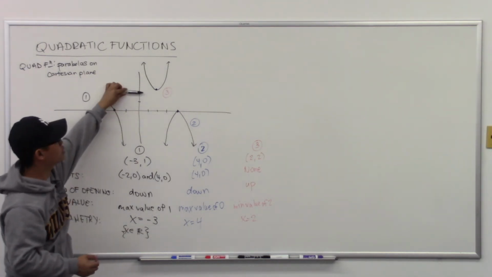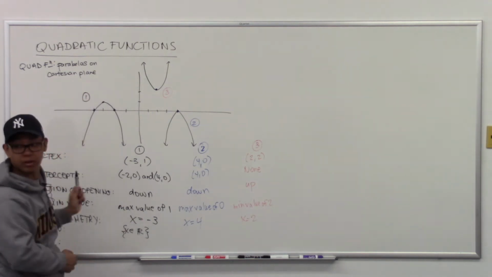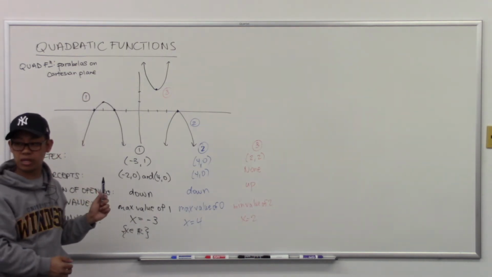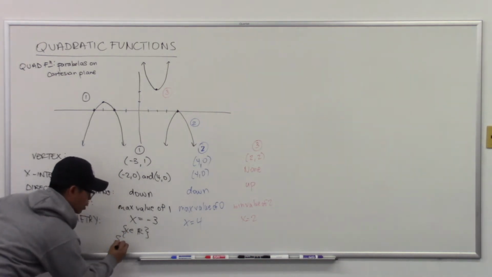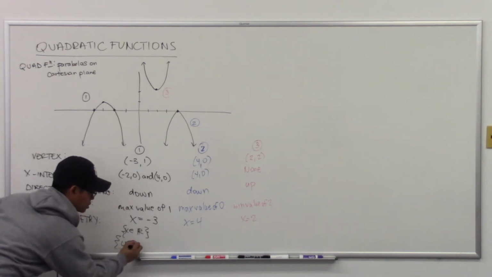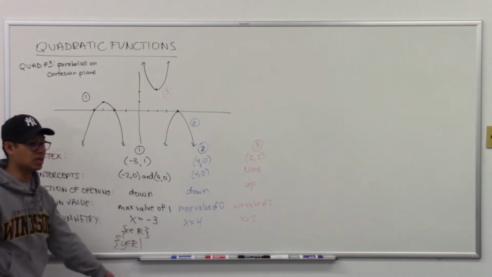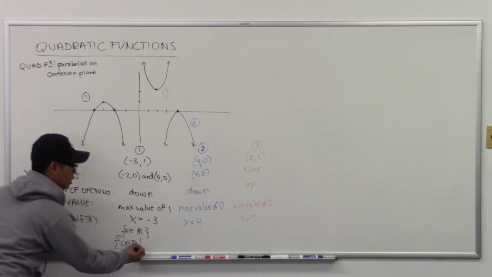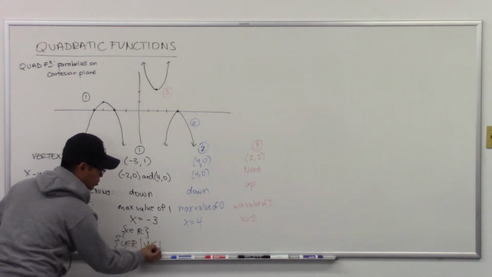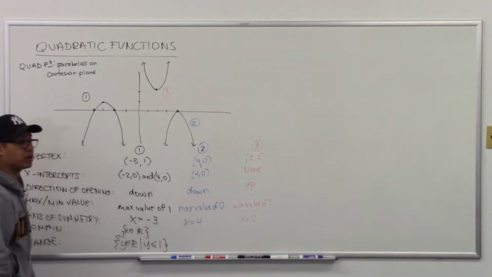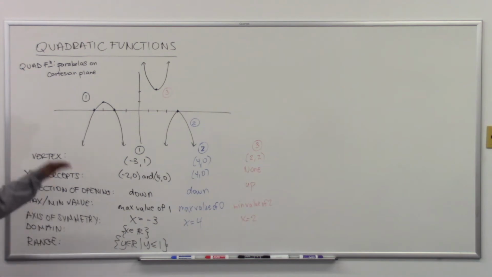Because even if you're on 2, you would not see the function anywhere out the window. Does that make sense? So the range is, what you do is you write y belongs to the set of real numbers such that, the stick there is such that, y has to be less than or equal to 1. All the y values that the parabola will take on need to be below 1.